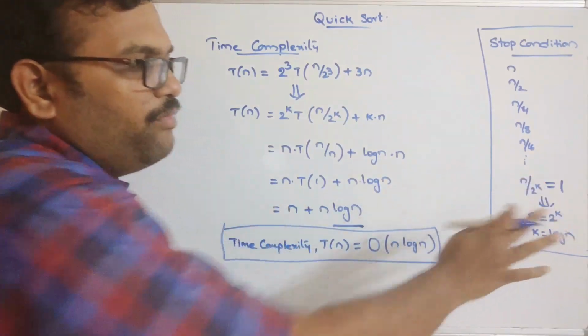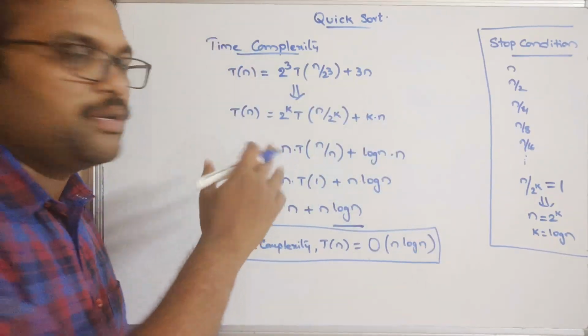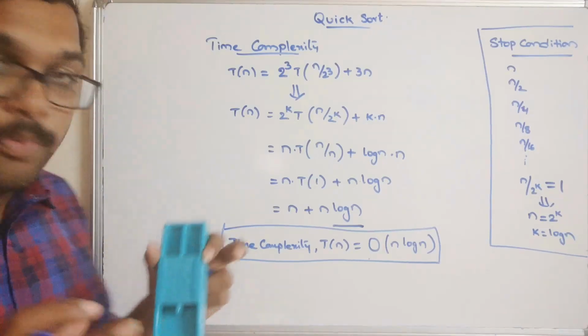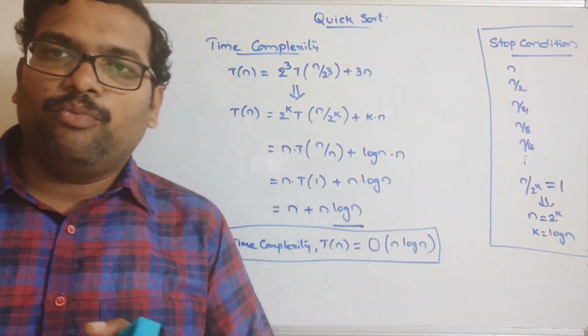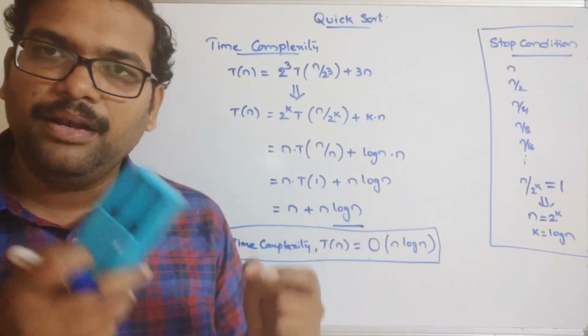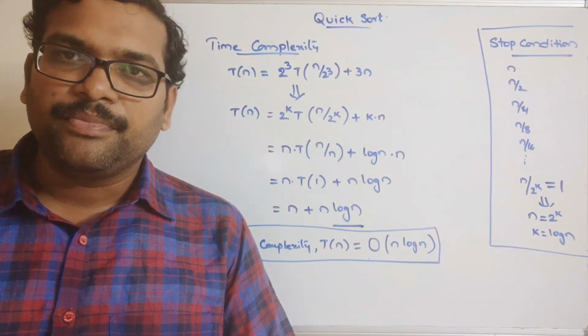From that we got the n value and k value, and we substituted them in this time complexity. So let's stop here. Hope you enjoyed the complete working of quicksort. We have seen the example, the algorithm, and now the time complexity.